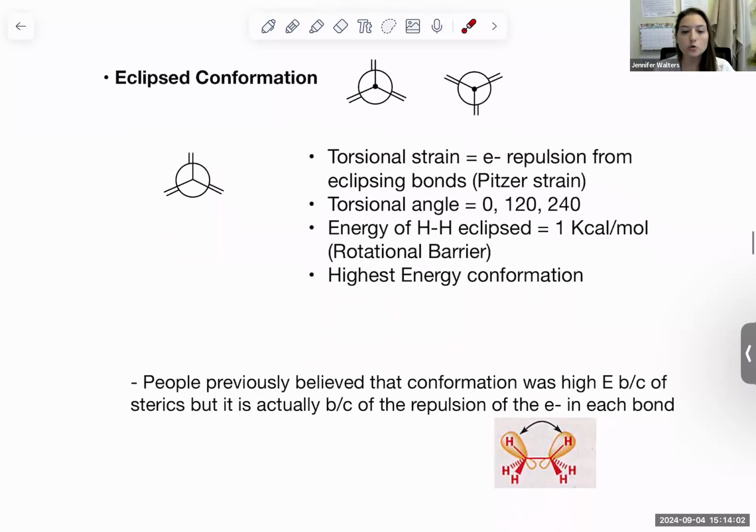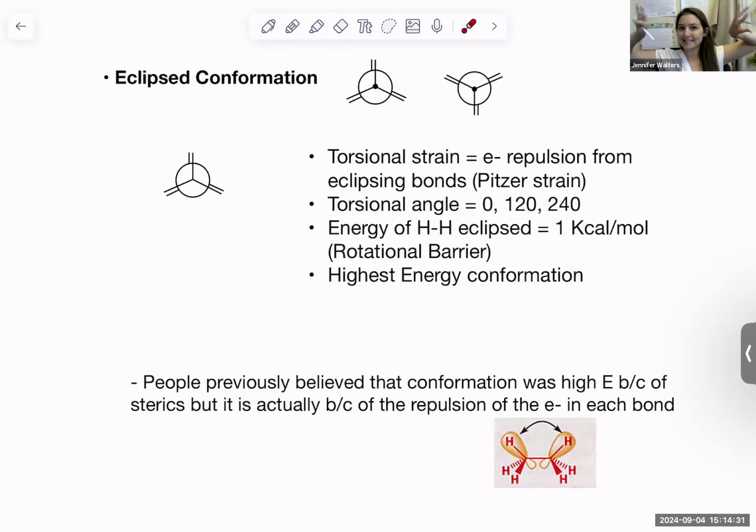It's important to note that there's a difference between torsional strain and steric strain. Torsional strain is where the bonds are actually repelling each other, like the orbitals themselves are repelling each other. It was previously believed that the conformation was high in energy because of sterics, but they've discovered that the atoms themselves are actually far away from each other.